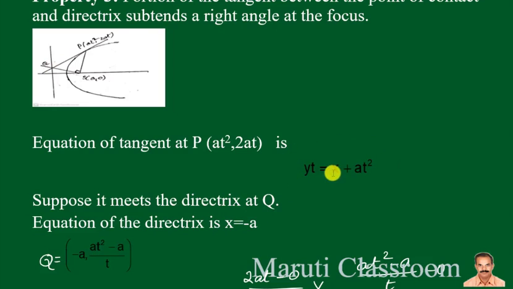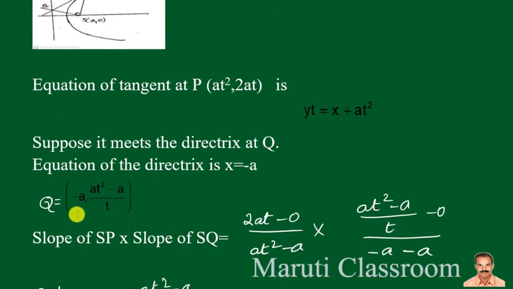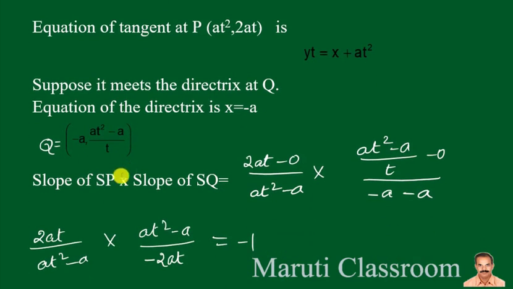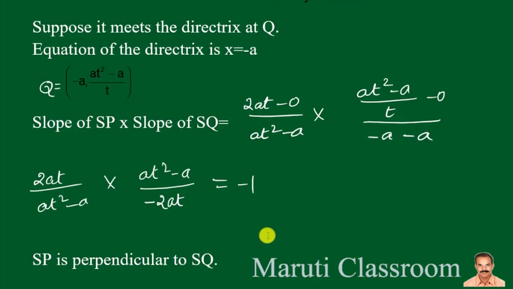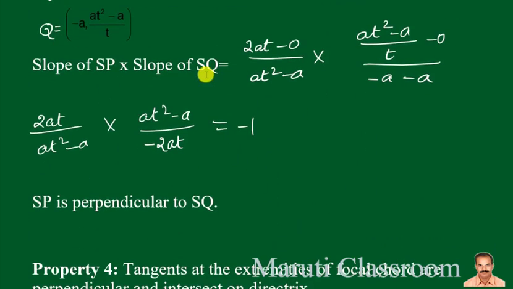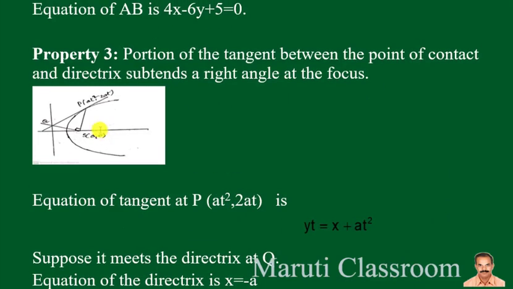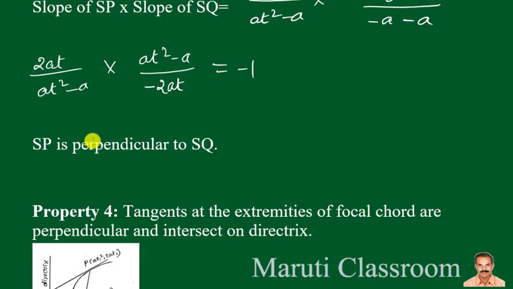Then yt equal to at square minus a, so y equal to (at square minus a) by t. So x is minus a, y is this. So we got Q. Now find the slope of SP and the slope of SQ, and multiply them. So this is the slope of SP, this is the slope of SQ. If their product becomes minus 1, therefore SP is perpendicular to SQ, therefore angle S is 90. So this portion subtends a right angle at the focus.